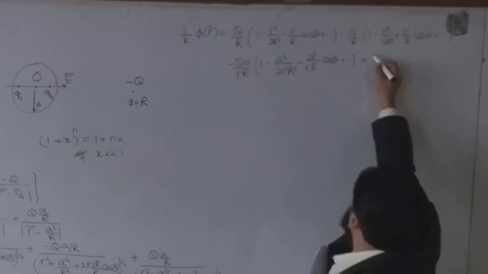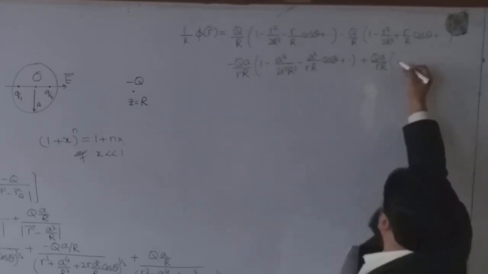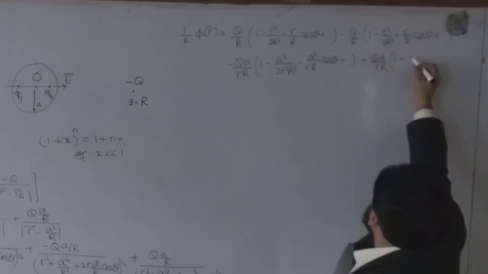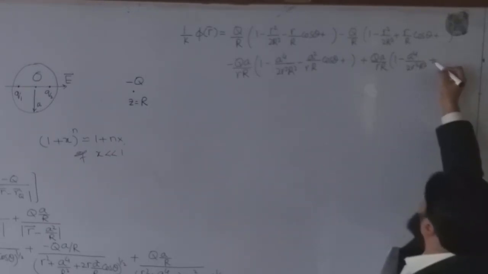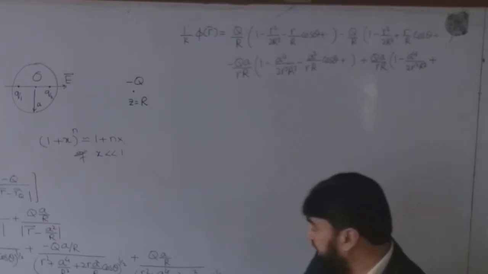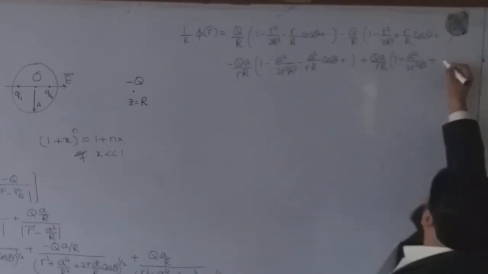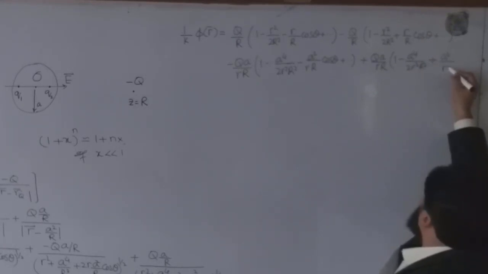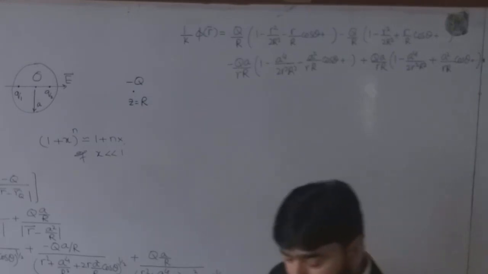So plus QA over r, and here you will have to write the difference again: a4 over 2r square, and this will become plus. Because in the next one we are having minus here, so this will become plus, and this will be a square over r cos of theta plus extra terms.